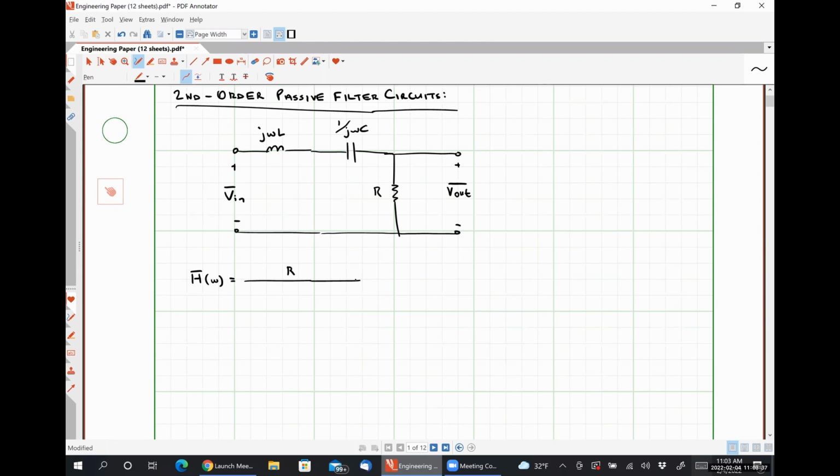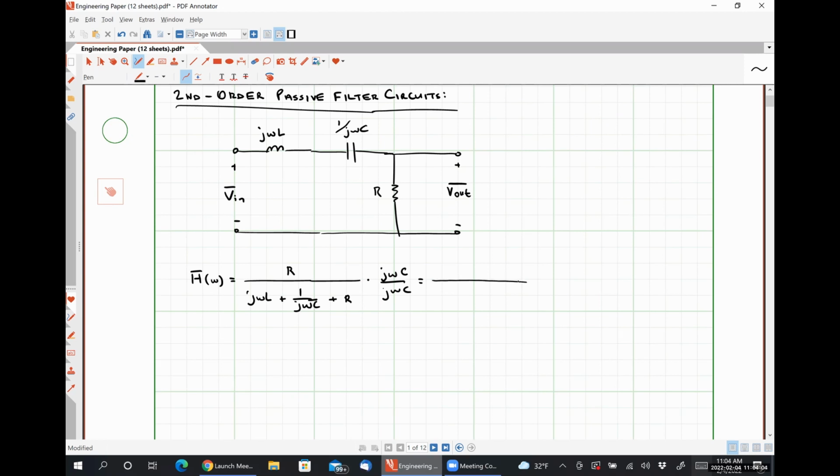divided by j omega L plus 1 over j omega C plus R. And to simplify things, I'm going to multiply by a factor of j omega C over j omega C. And that's going to get rid of the fraction in my denominator.